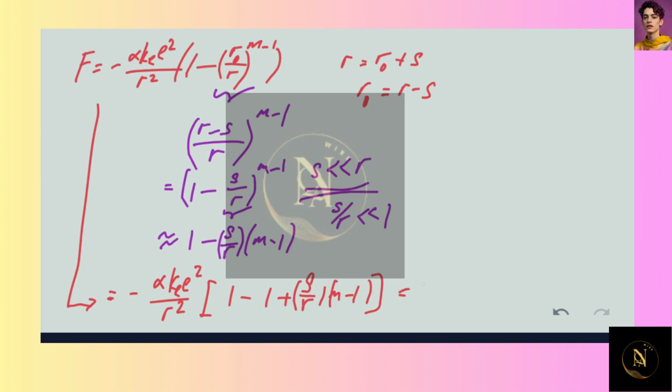This becomes negative alpha ke square over r square times s over r times m minus 1.